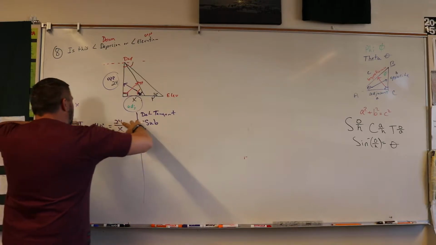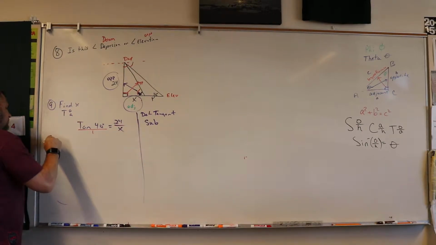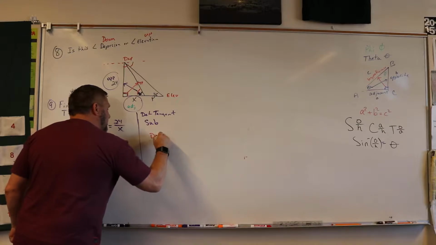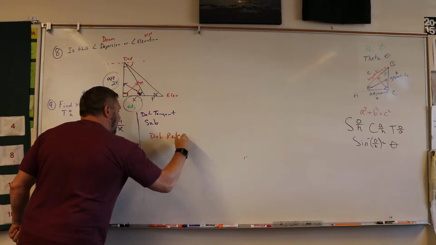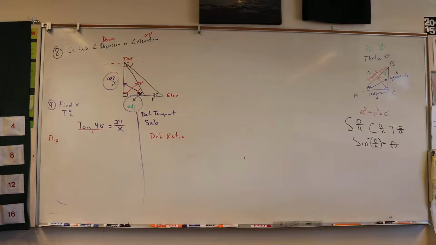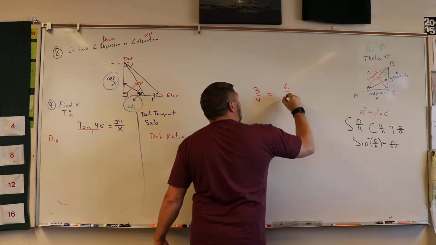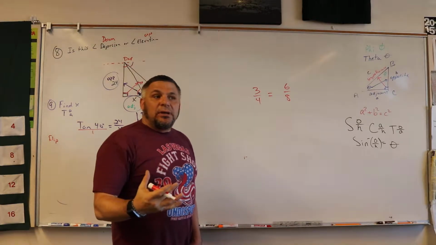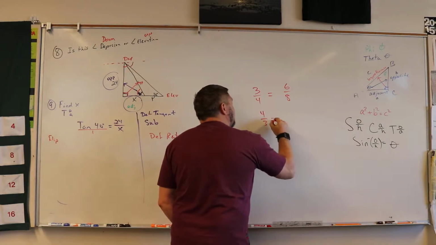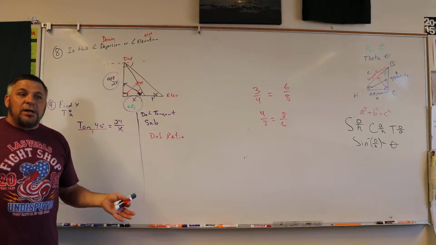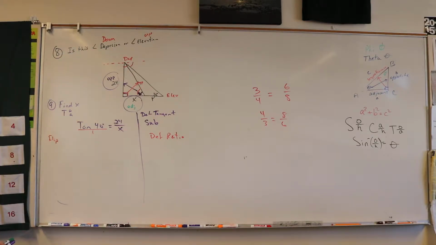If x is on bottom, I flip it. It's the definition of being a ratio. 3/4 is equal to 6/8, and also 4/3 is equal to 8/6. See how they flip and they're still the same? That's the definition of a ratio. So therefore, I can flip these.